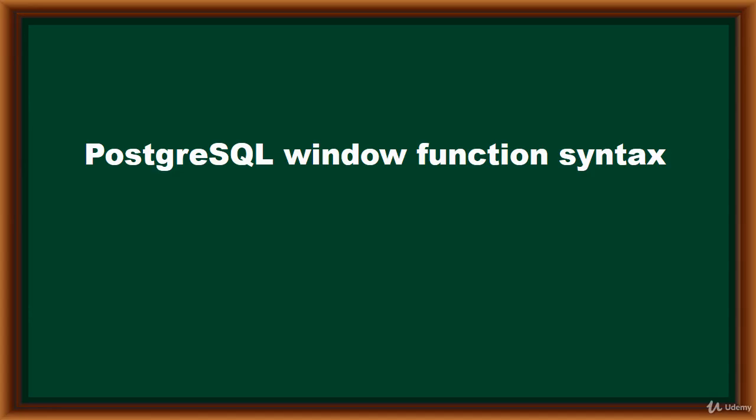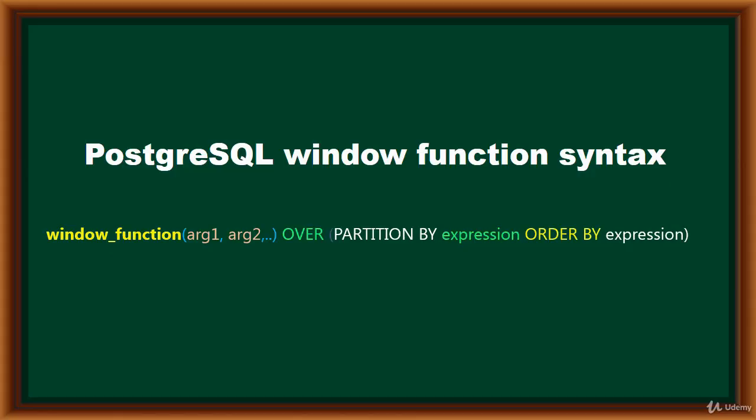Let's take a look at a typical syntax for a window or analytic function. So this is what the syntax looks like, and I'll try and explain as much as I can. We have the window function, and then we have the arguments, first argument, second argument. So this is the window function.